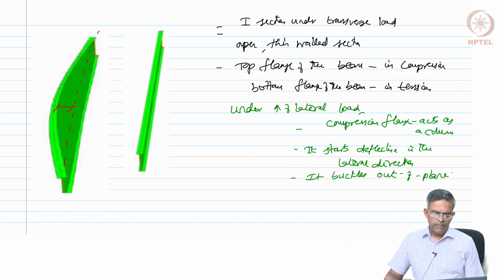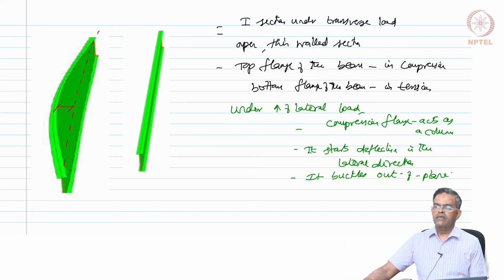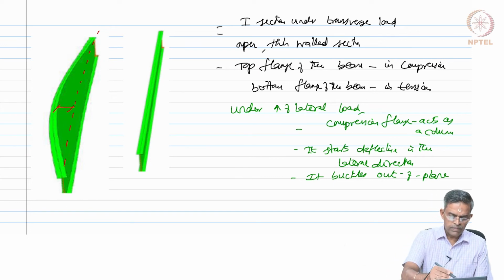On the other plane, web offers a resistance, therefore does not deflect. But it offers an out of plane bending. The bottom flange will anyway have no deformation, please note that.